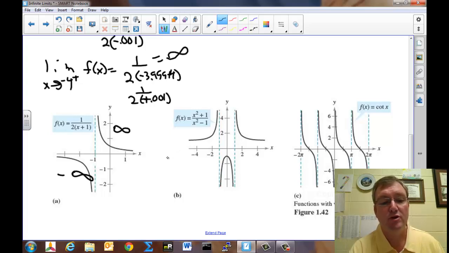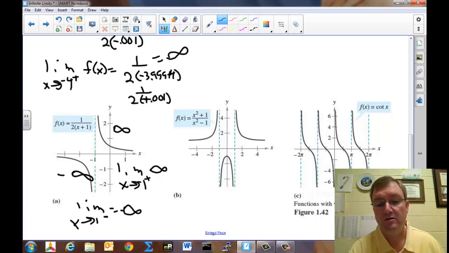So it's important to note here that the limit as x approaches -1 from the right is infinity here. The limit as x approaches 1 from the left is negative infinity.